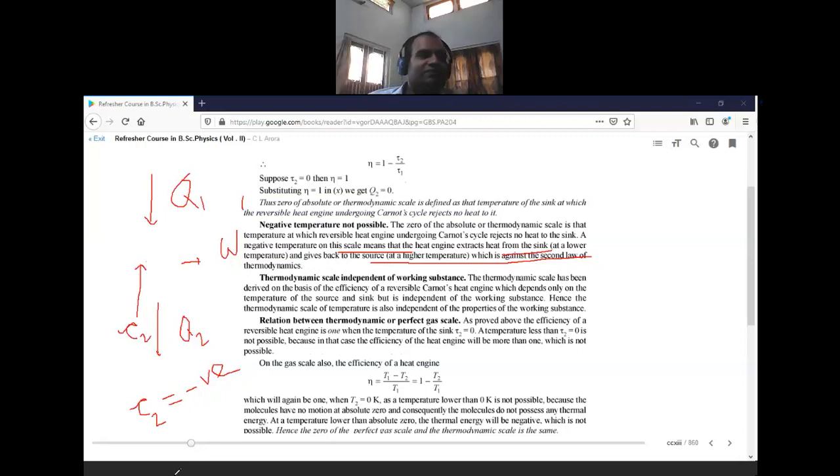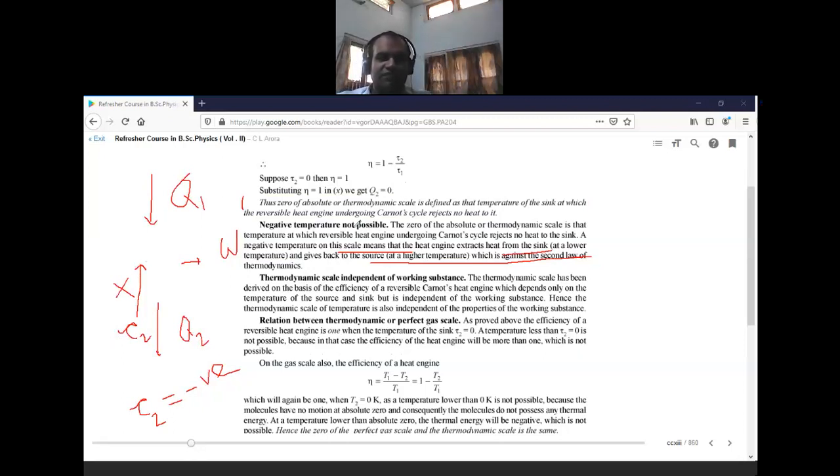Like in a refrigerator, as we learned yesterday, it is possible to cool a body to a lower temperature, but naturally or spontaneously it is not possible, because heat always flows from a body at higher temperature to a body at lower temperature. So this is also the case.